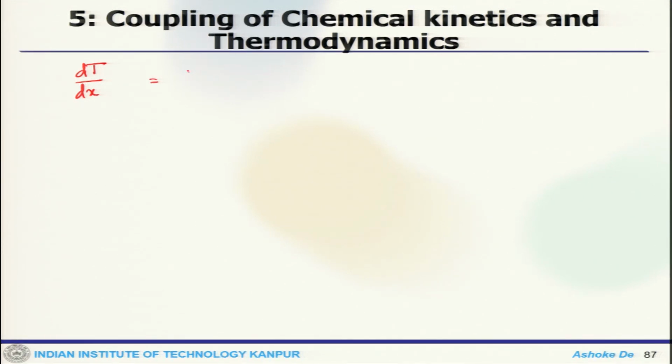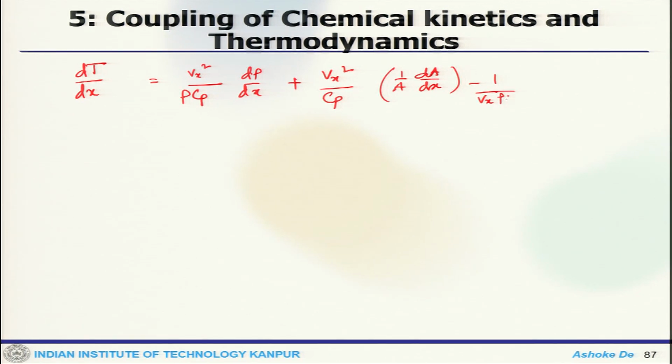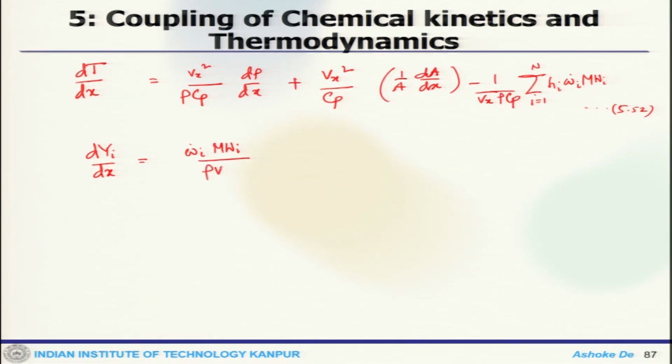That would look like V x square by rho Cp d rho by dx plus V x square by Cp 1 by A dA by dx, minus one term which is 1 by V x rho Cp summation over all the species H I omega dot I molecular weight of I. So, this is your equation number 52, and the species conservation equation comes down to omega dot I molecular weight of I by rho V x.